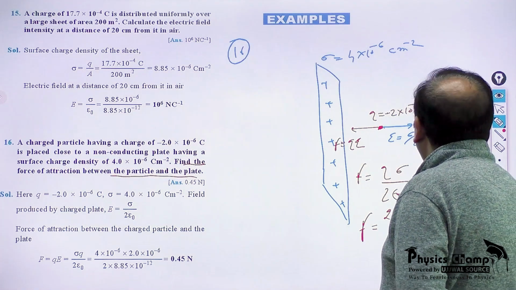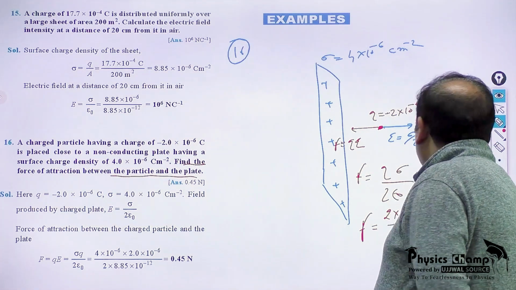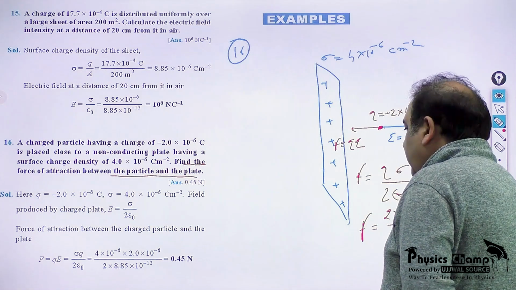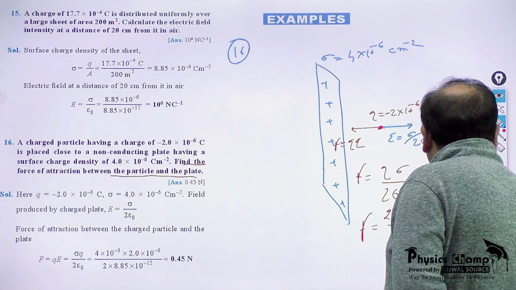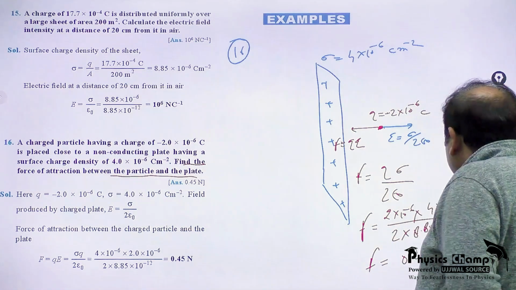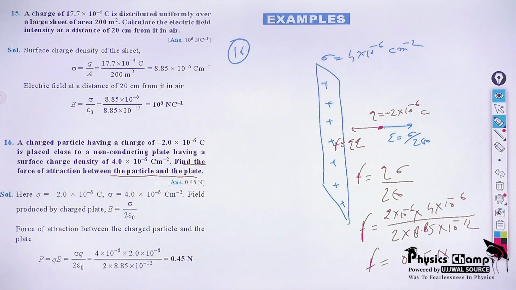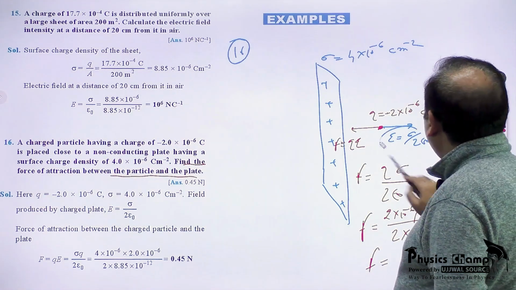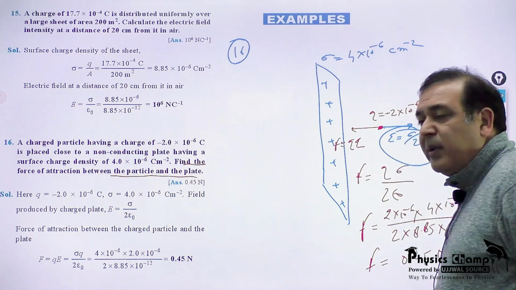Charge density is 4 into 10 to the power minus 6, and 2 times 8.85 into 10 to the power minus 12. And as a result, the force of attraction will be 0.45 Newton. Remember, this electric field has a value which is independent of its distance from the plate.